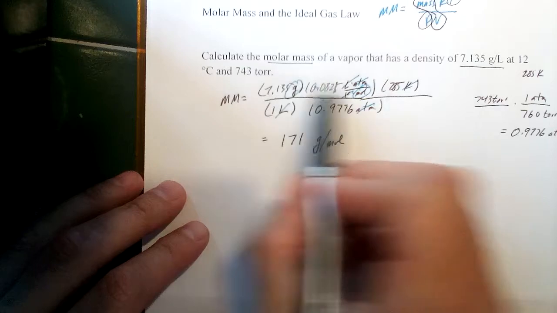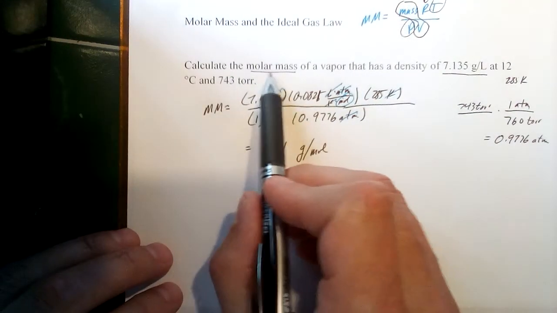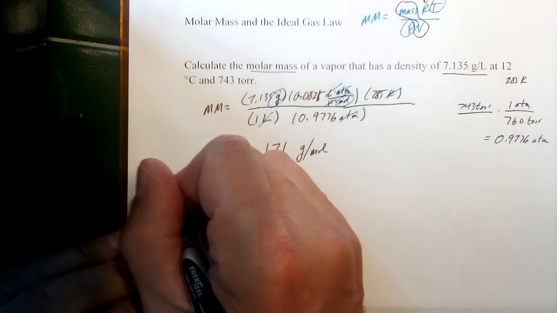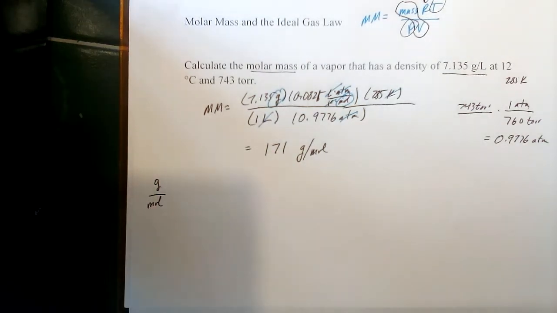So let's use this one as an example. We're looking for the molar mass. If we recognize that molar mass is grams per mole, and I take all of the relevant information from the problem and put it together in a way that the only units left over are grams and moles of the same gas sample, then all the other units cancel out.